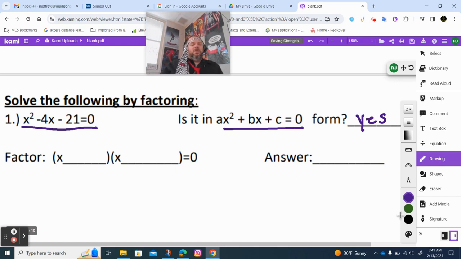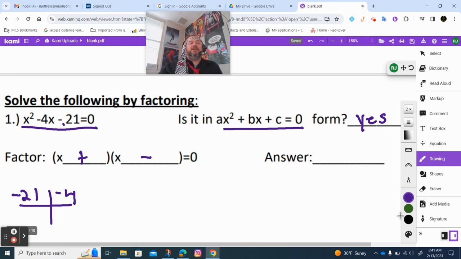All right. What are the factors of 21? Hang on. This negative 21 tells us our signs are the same or different. Different. Thank you. Sweet. This tells us where our bigger number is.